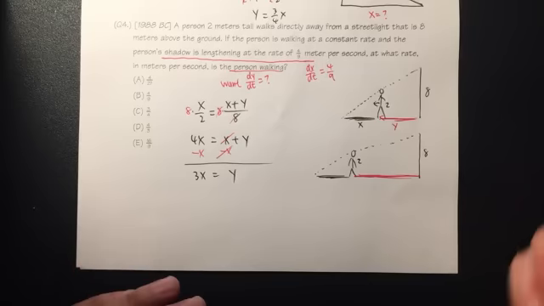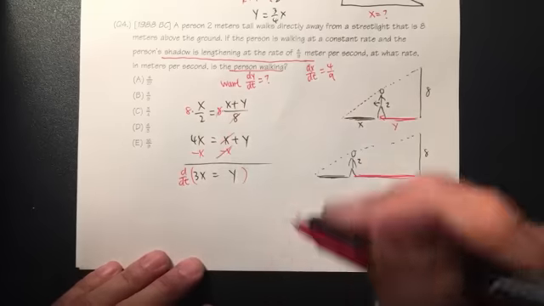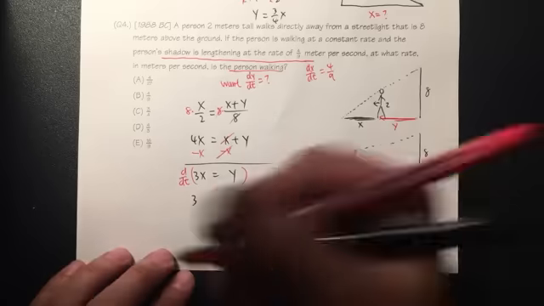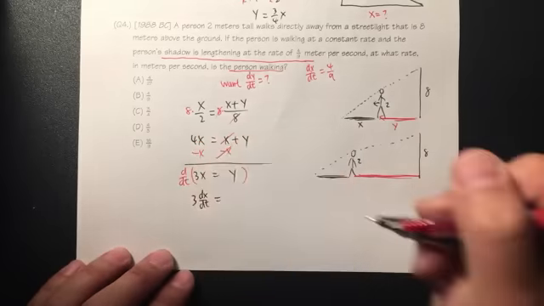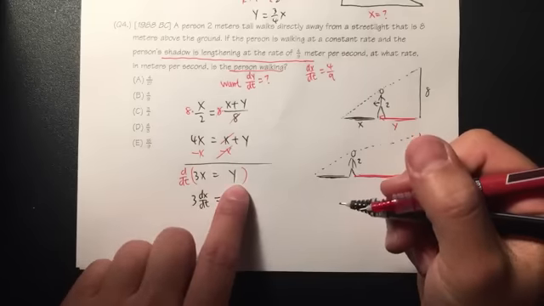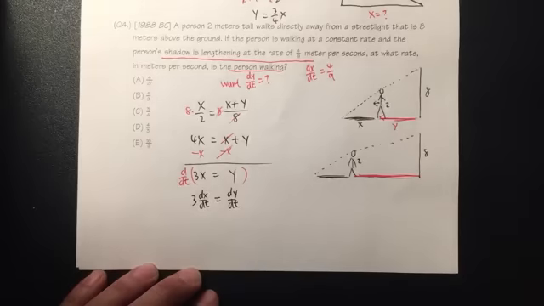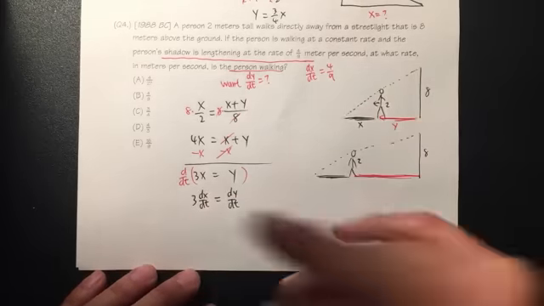Now we will just differentiate both sides with respect to time. On the left-hand side, we get 3 times the derivative of x, because x is changing, so that is dx/dt, and that will be equal to the derivative of y with respect to time, which is just dy/dt. Finally, I just have to plug in dx/dt.